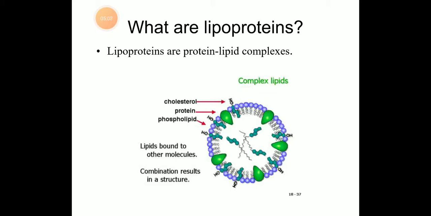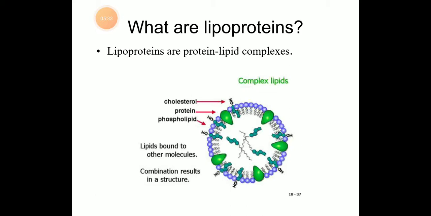In the lipoprotein molecule, the core consists of hydrophobic cholesterol ester and triglyceride. So inside is basically the hydrophobic part, containing cholesterol esters and triglyceride, which we can also show in the following pictures.